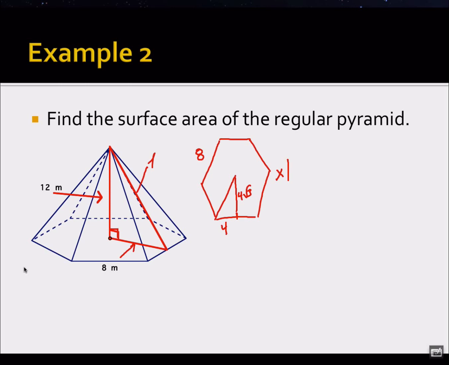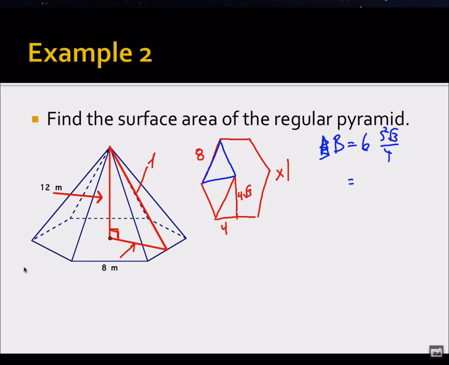Again, we can do the whole triangle thing from the hexagon, but as I've mentioned a number of times, a hexagon is simply an equilateral triangle times 6. So I'm going to do the base as 6 times s squared square root of 3 over 4.